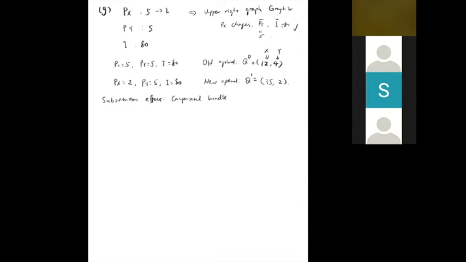The compensated bundle is, if we want to reach the old utility at the new price ratios, what is our consumption bundle? That is called the compensated bundle. So that's the bundle that reaches the old utility at new prices.